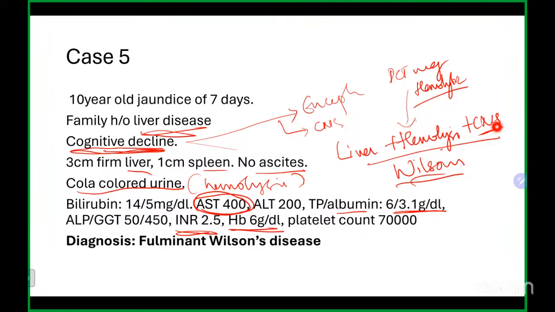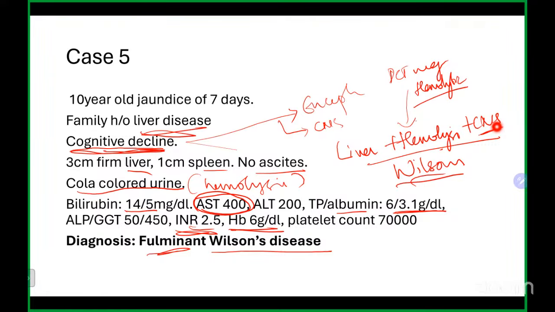And then when we do a thorough examination, we pick up all these flapping tremors and things, and the LFT will show raised ASTs and lower albumin, thereby picking up Wilson's disease. Now here, this is a case of fulminant Wilson's because all enzymes are raised plus severe hemolysis with your raised bilirubin is there. So this is how a Wilson's or a systemic problem can present to you.